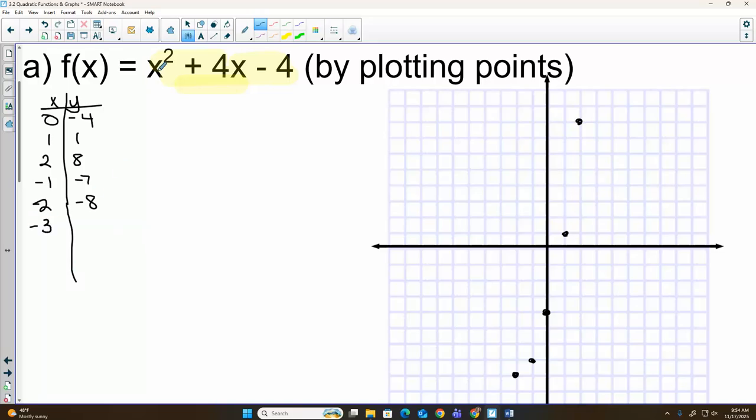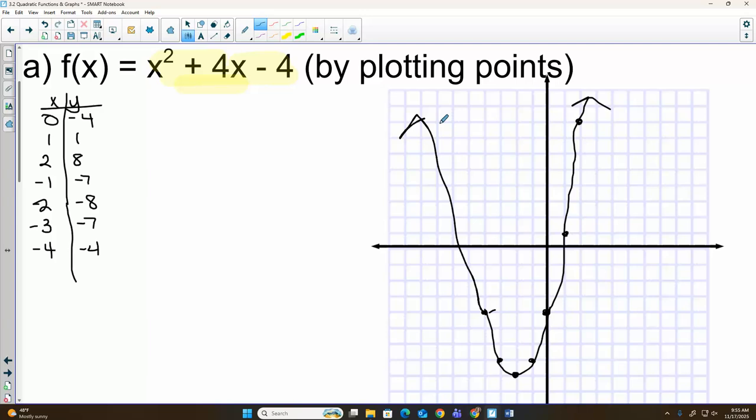If I put in negative 3, we get 9 minus 12 minus 4, which is negative 7. So now we're finally starting to see it. If we did one more, if I put in negative 4, we get 16 minus 16 minus 4. So negative 4. Hopefully yours are a little bit straighter than mine.